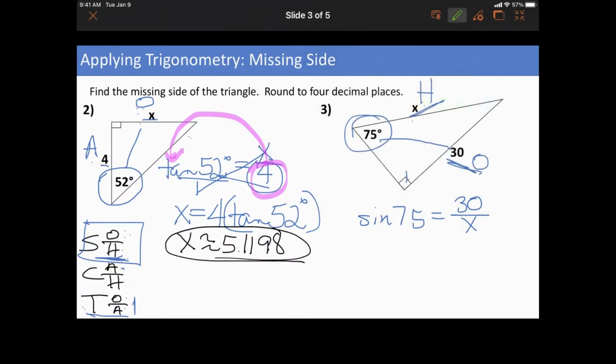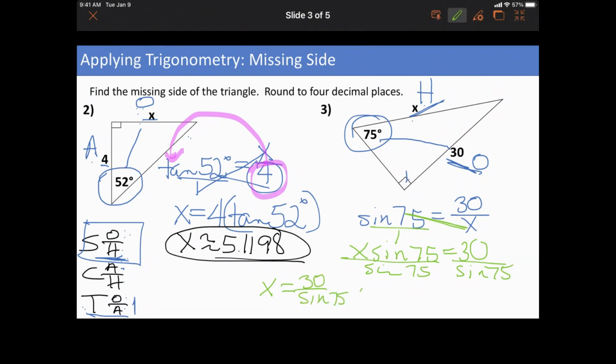Cross multiplying again. Okay. Goes this way. Equals 30. Dividing. Okay, so this will be approximately 31.0583.